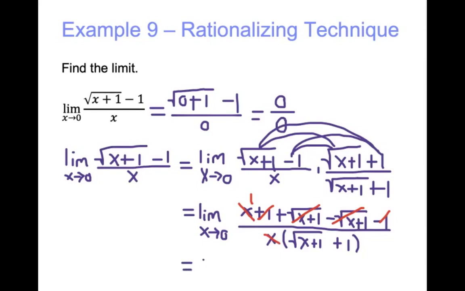So that's going to equal the limit as x approaches 0 of 1 over the square root of x plus 1 plus 1.